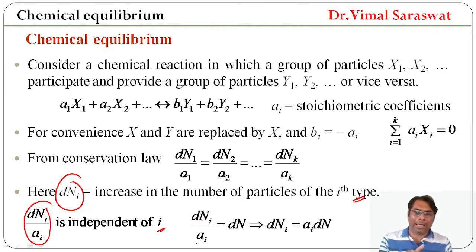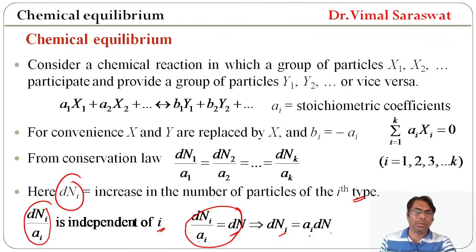So dni upon ai is equal to dn, and on cross multiplying this equation, dni equal to ai dn. Here i equal to 1 to 3 and so on up to k.